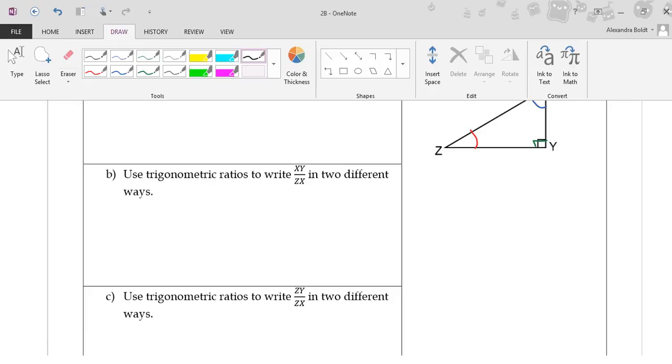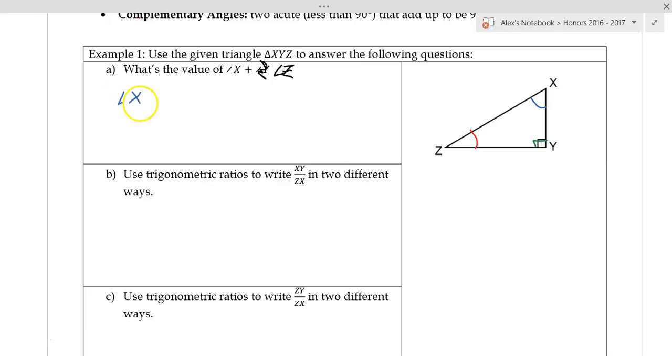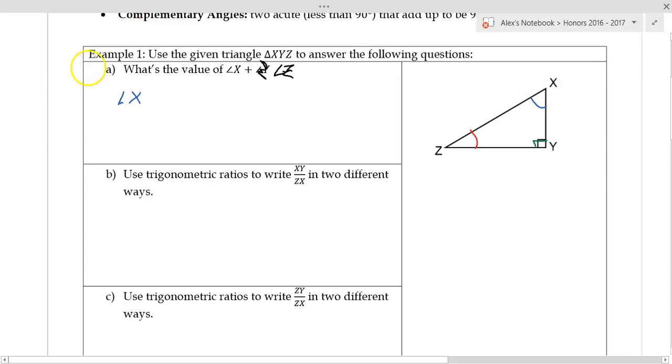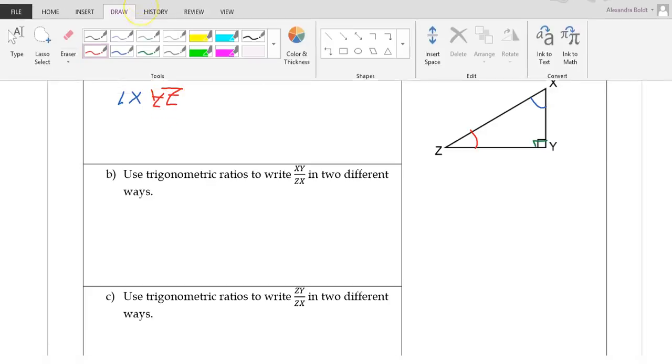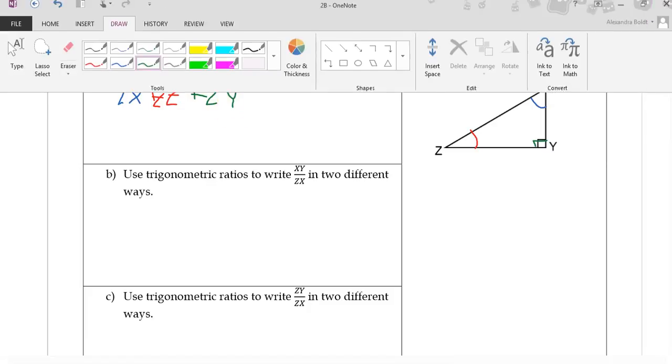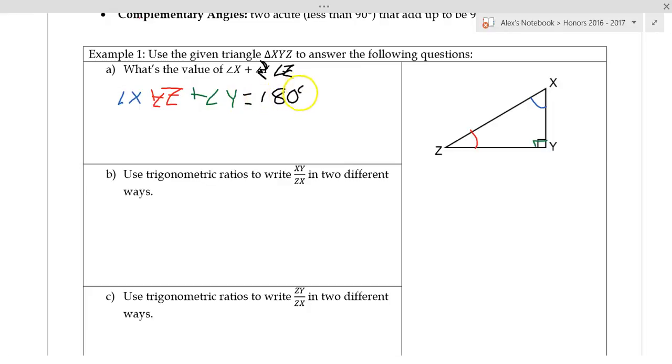So here, what we're going to use for this is actually our triangle angle sum theorem. If I add up all these angles, angle X plus angle Z plus angle Y, that's going to equal 180 degrees.